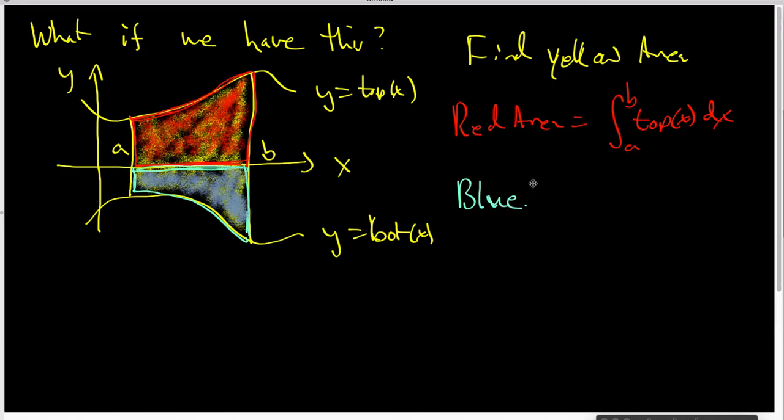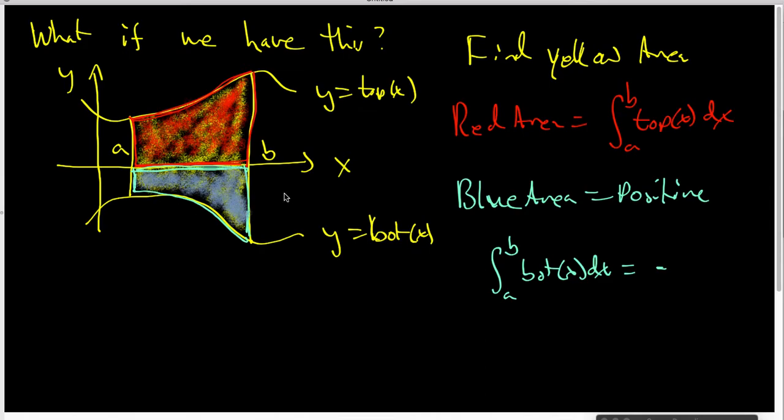The blue area needs to be a positive area if I'm trying to find the yellow area. But I also know that if I integrate from A to B of my bottom function, that is going to be a negative area, and it is going to be exactly -1 times the blue area. So I'm going to write this as minus the blue area.